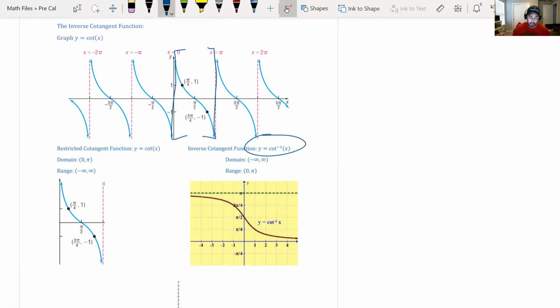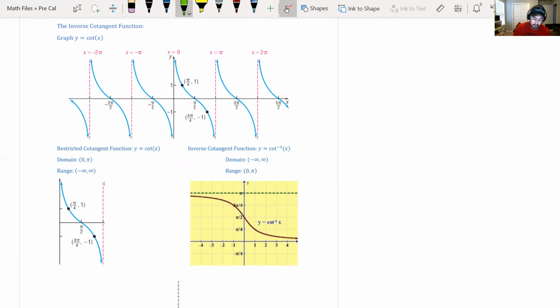The domain and range, again, flip, switch, and switch, right? And the only thing we're really worried about is just the restrictions for the unit circle. So the inverse cotangent function lives from 0 to pi, where 0 and pi are not included. Let me erase some stuff. There you go.